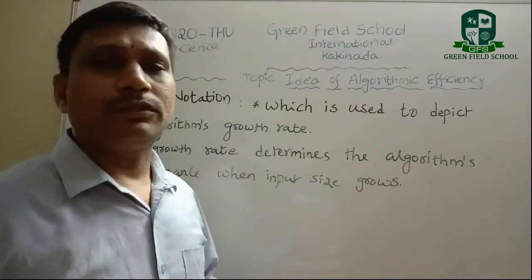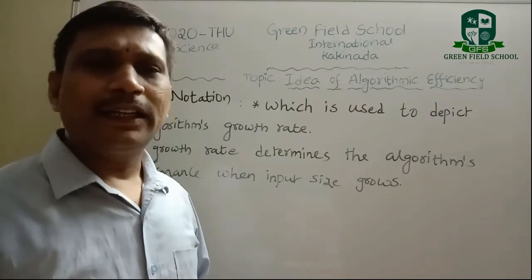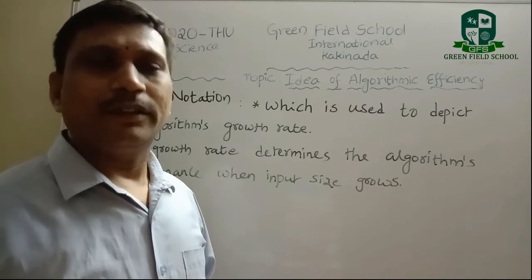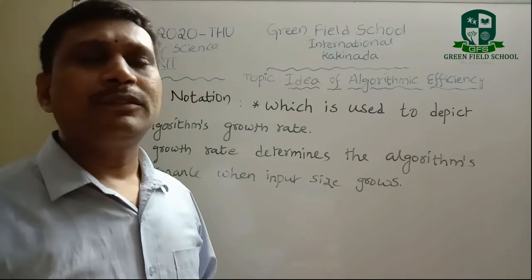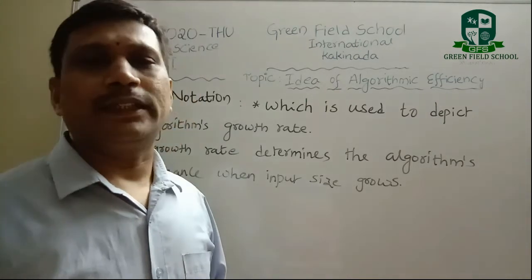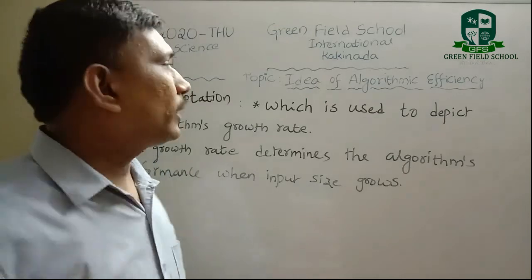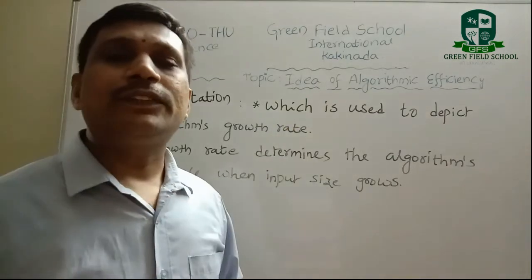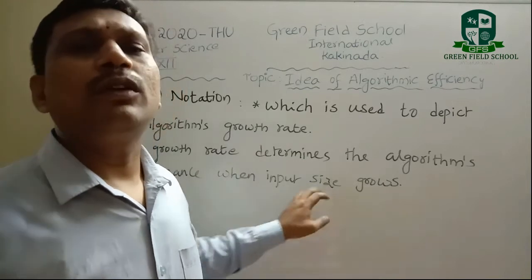When we give some input size n, we calculate the order of that n-size algorithm, how much time it takes to execute, to run that program. We calculate the efficiency of the algorithm in this way by using big O notation.